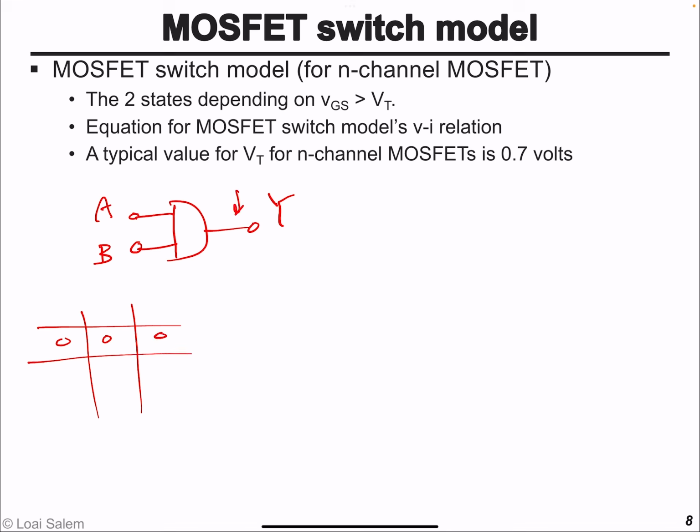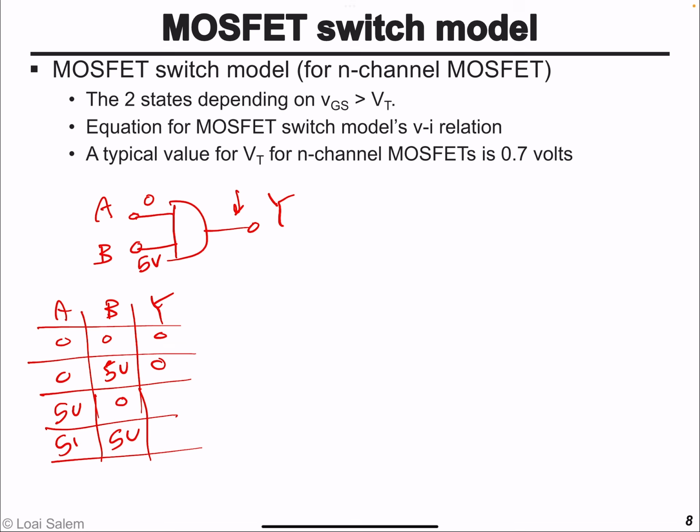You'll find it is 0 volt. Then you apply 5 volt and 0: you apply here 5 volt and here 0, say you have a 2-channel power supply, and then the output is going to be 0, and so on for the remaining values.